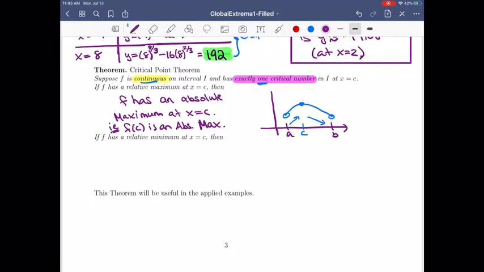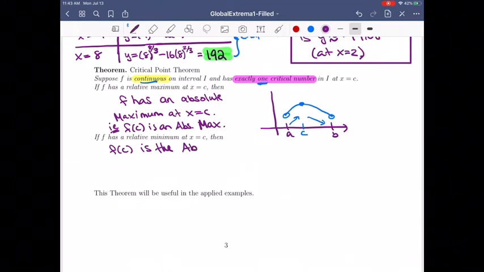Similarly, if it's a relative minimum at C, then f of C is the absolute minimum on the interval. Okay, and then I'm going to do another picture here.